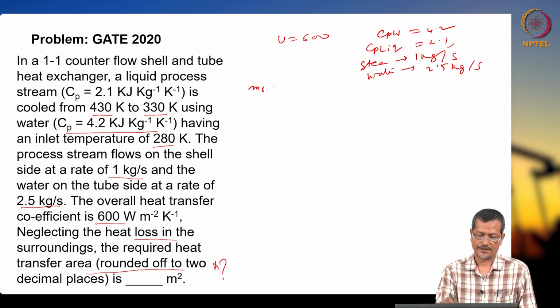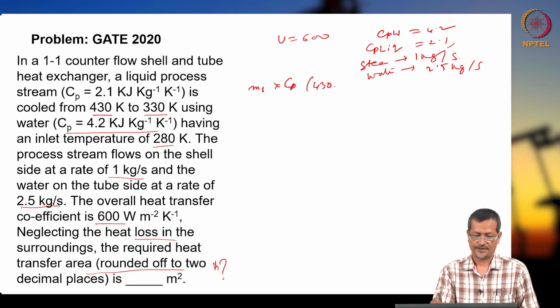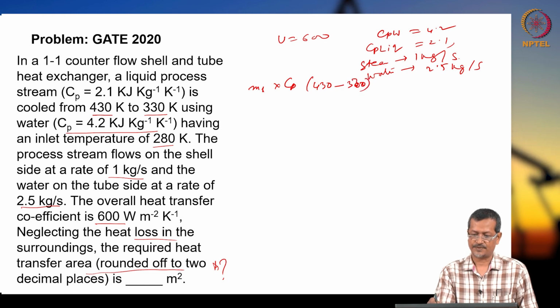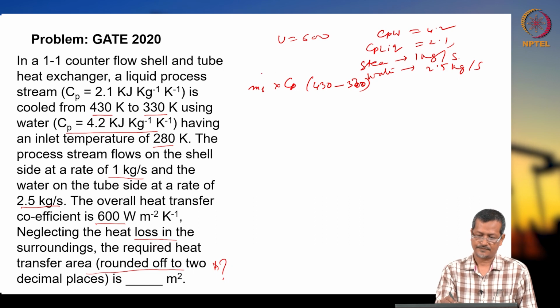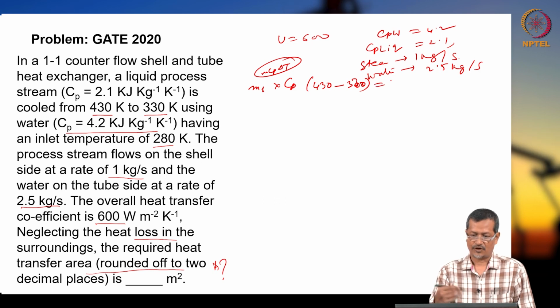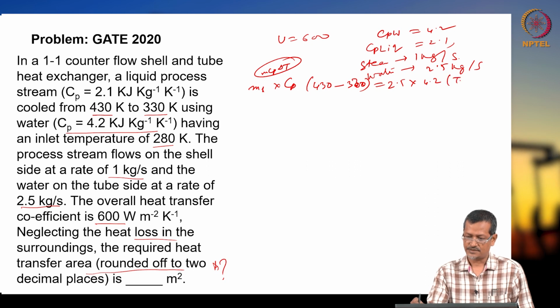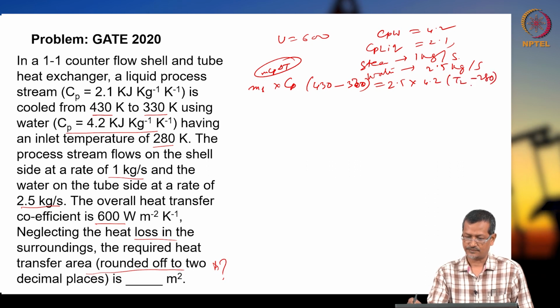So mH into Cp into 430 minus 330. mCp delta T is the heat transfer rate, right? So mCp delta T equals how much heat gained? So 2.5 into 4.2 into T2 minus 280.